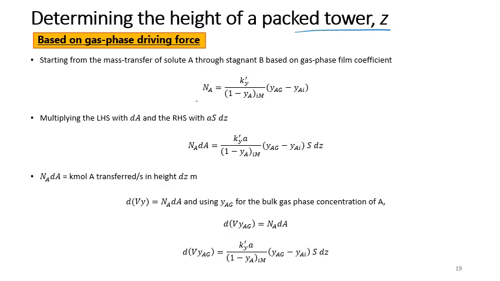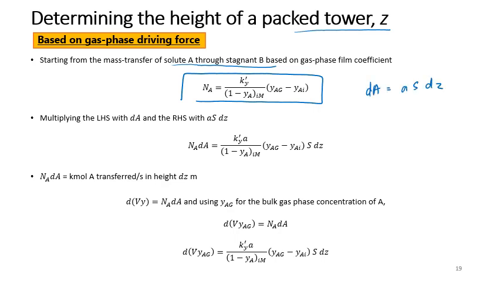You have seen this equation before for the diffusion of solute A through stagnant B. So multiply this equation with dA equals aS dz. So the left hand side is multiplied with dA, so you have NA dA. And the right hand side here is multiplied with aS dz, so you get these terms. So NA dA is the kilomole of A transferred in the height dz in meter.